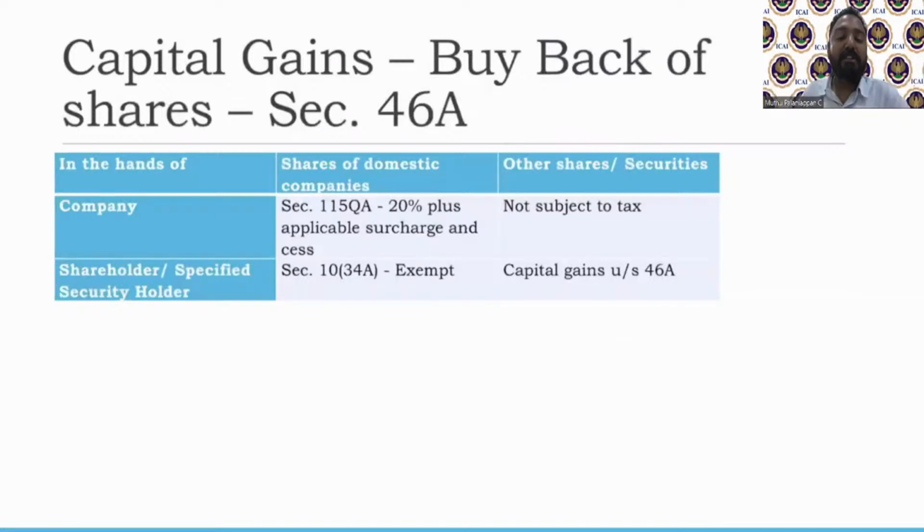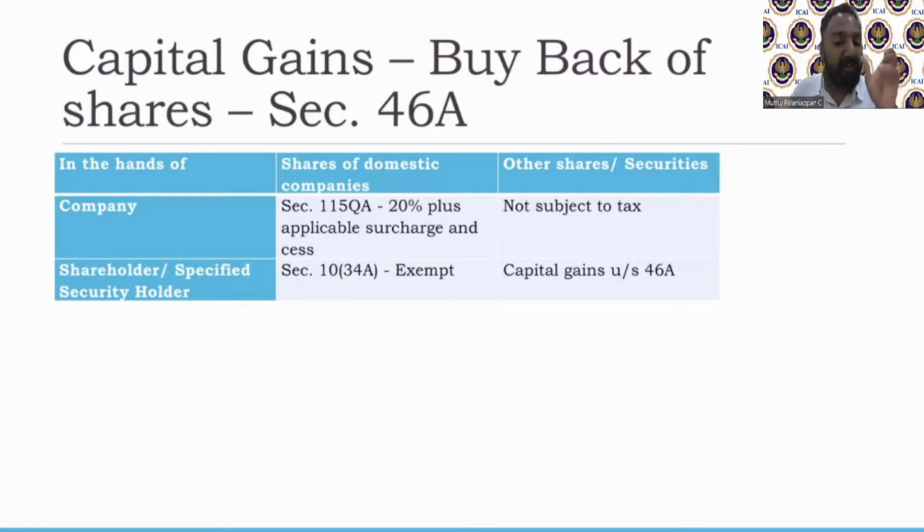So your liquidation is section 46, buyback is section 46A. What is 46A saying? It is characterizing this buyback as shares of domestic company, other shares, other securities. How do you tax it?